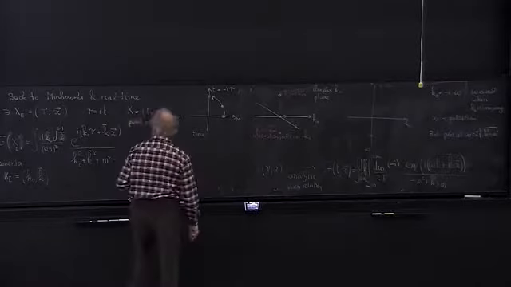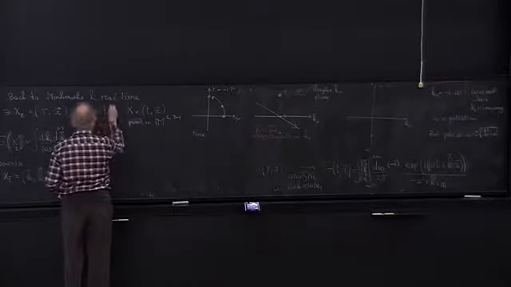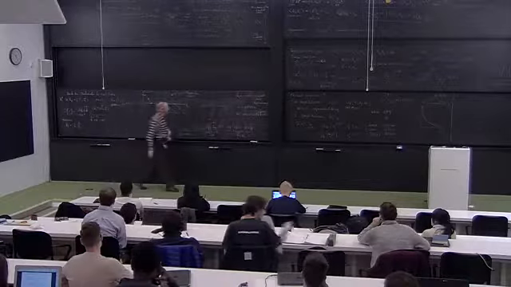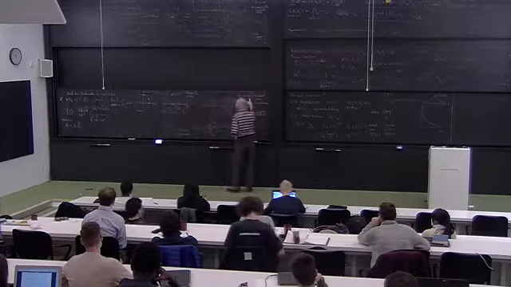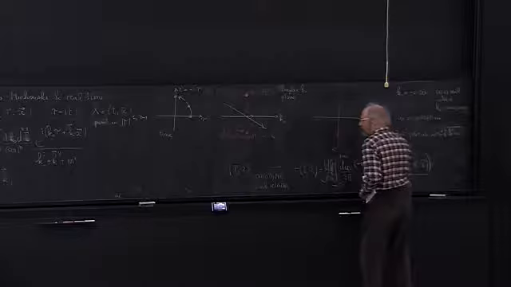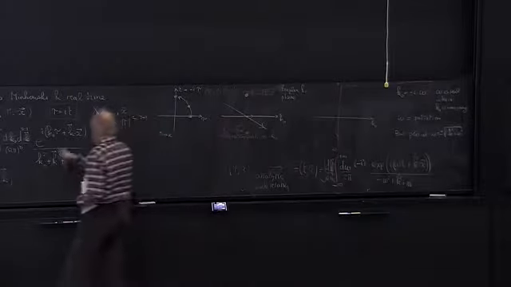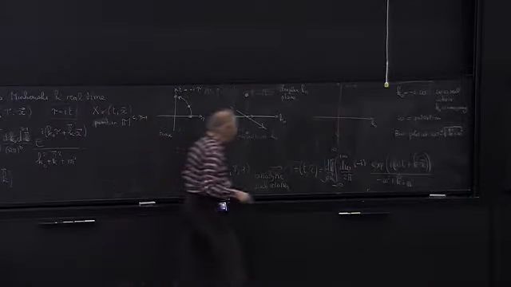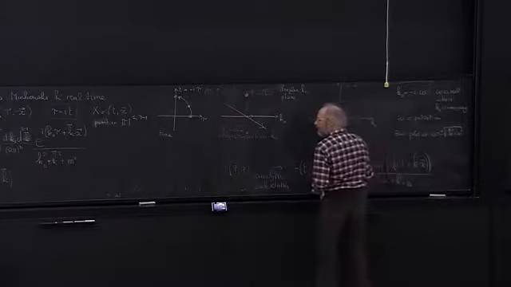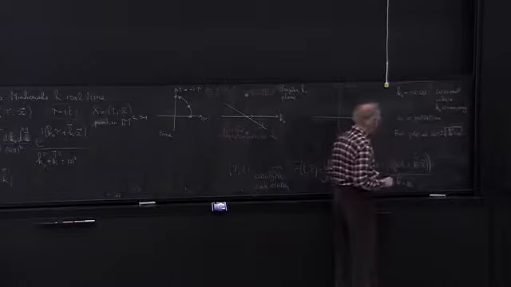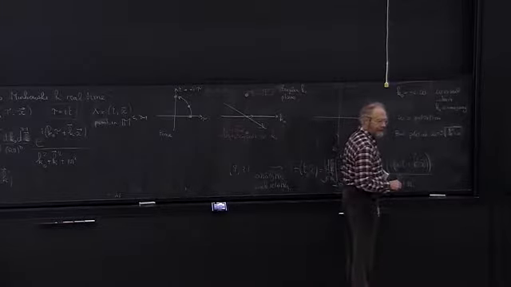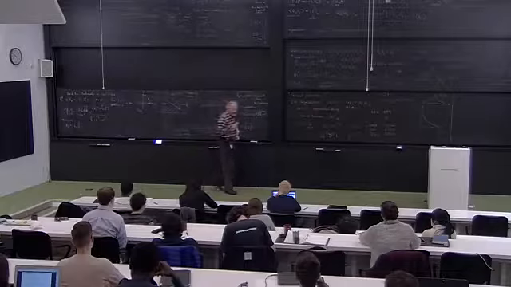I change t into tau, and I change k naught into minus i omega. So in any case, k naught tau is the same thing as omega t. You agree? Because i times minus i is 1.